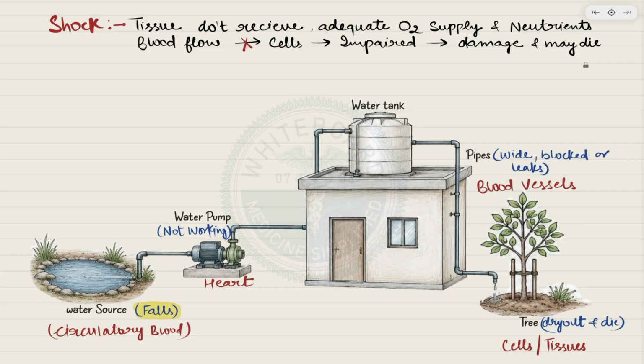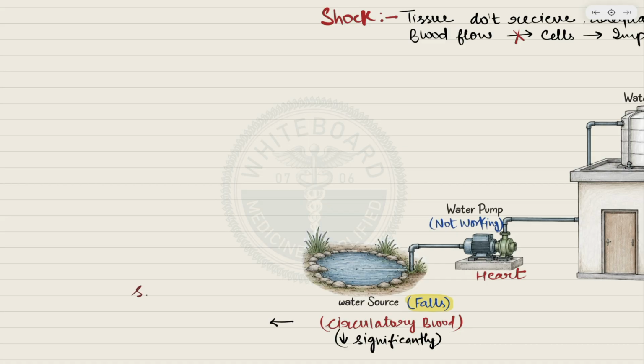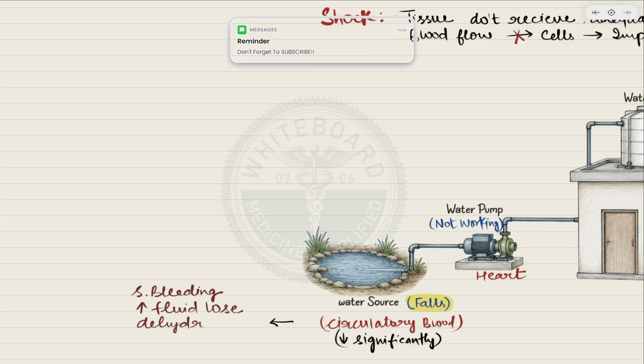A very similar situation can occur in the human body. The heart may be working normally and the blood vessels may be intact, but the total amount of circulating blood or body fluid may decrease significantly. This can happen due to severe bleeding following trauma, excessive fluid loss from vomiting or diarrhea, dehydration, or extensive burns.